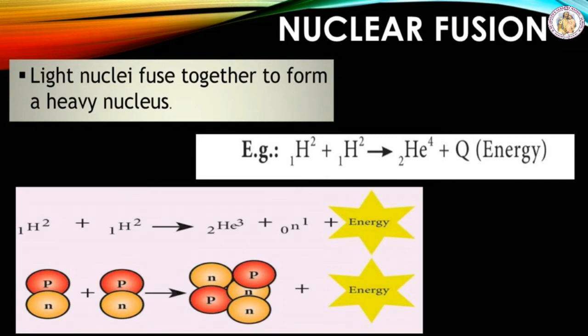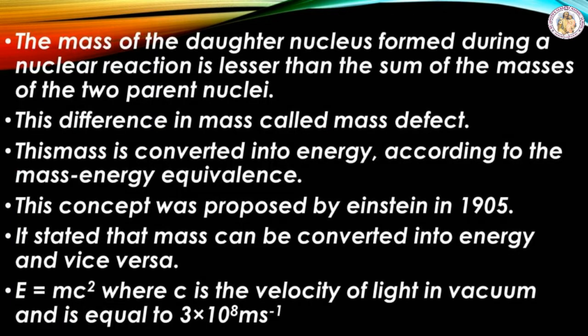See down: an isotope of hydrogen has one proton and one neutron, and the other isotope also has protons and neutrons. When combining these two, it forms unstable helium, at the same time releasing energy. The mass of the daughter nucleus formed during a nuclear reaction is lesser than the sum of the masses of the two parent nuclei.